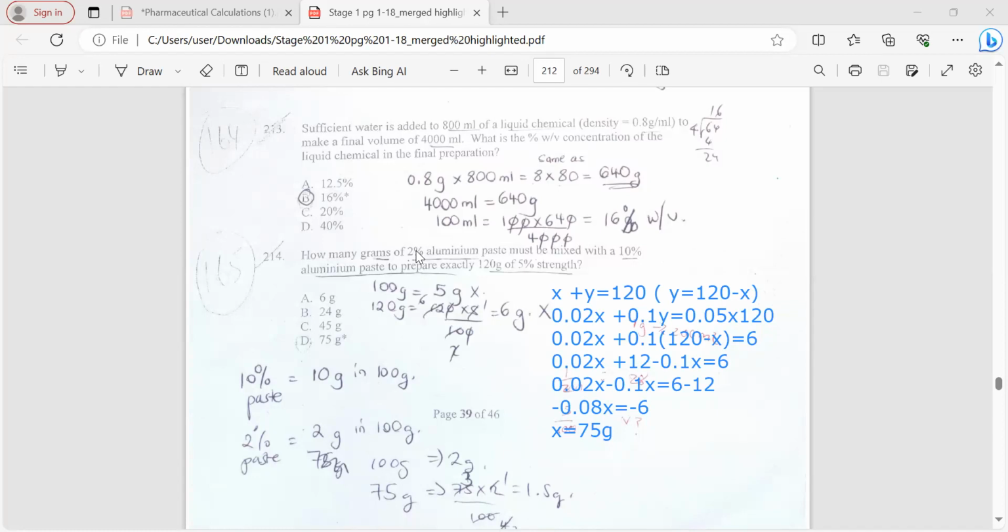So that's how you come up with your 2 simultaneous equations, then you solve them. Here they want us to know how many grams of 2% aluminium. That's why in my equation, I was trying to eliminate y and be left with x, which is for 2%, so that we don't have to start subtracting again.